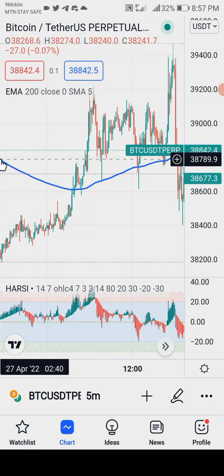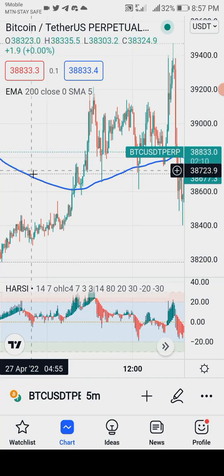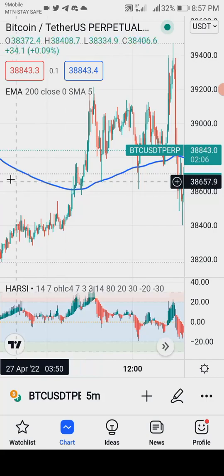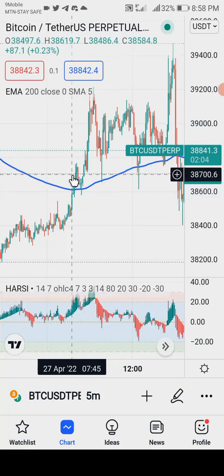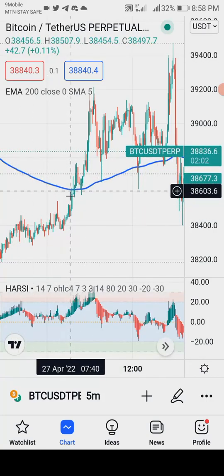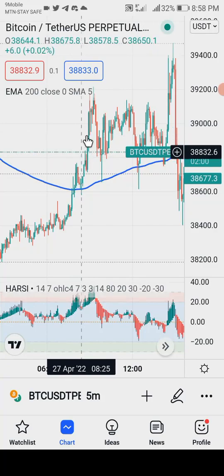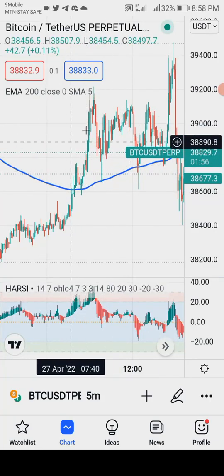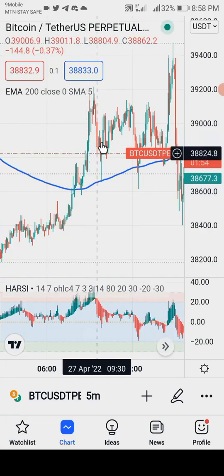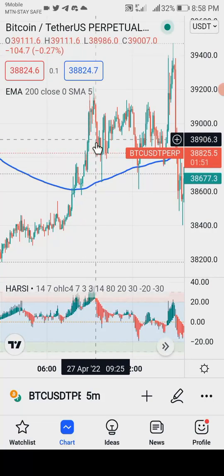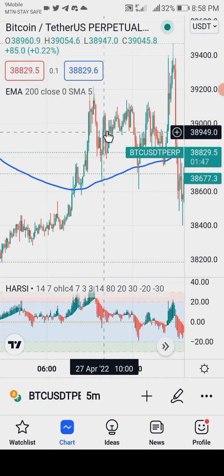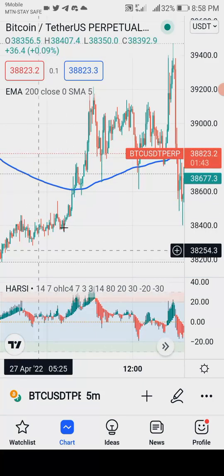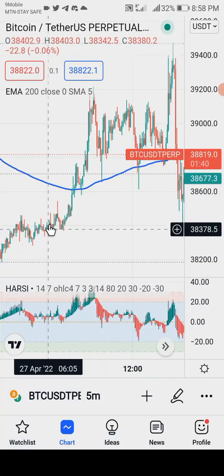Then this blue line here is the 200 exponential moving average. How this works is that once the price, or the chart rather, is above the 200 exponential moving average, it's a signal that the market is on an upward trend, and when it's below the blue line, we are on the downtrend. So that's just it.